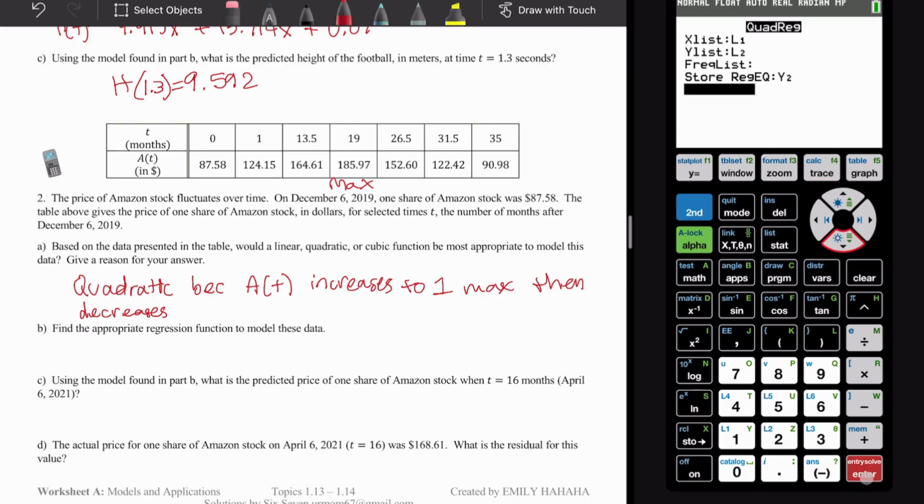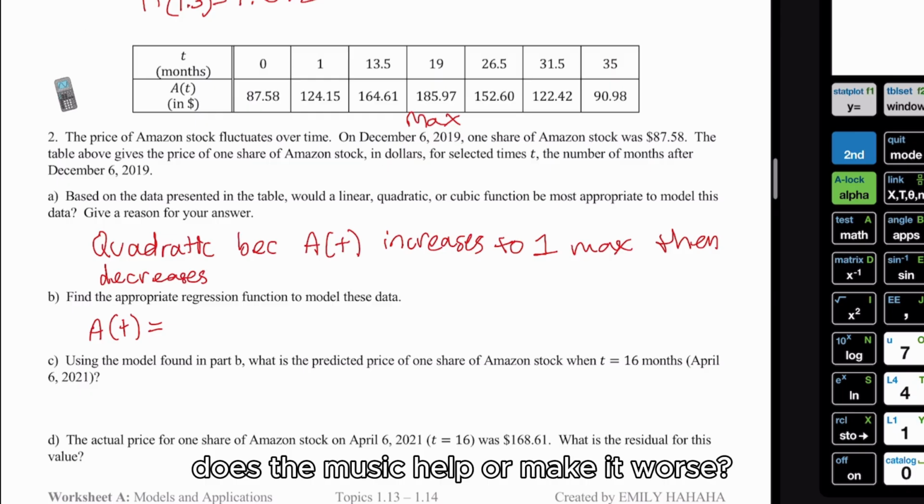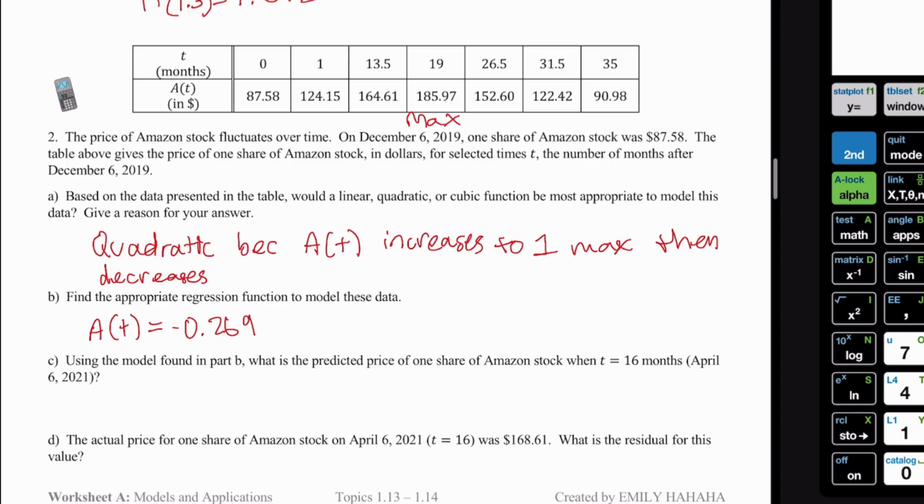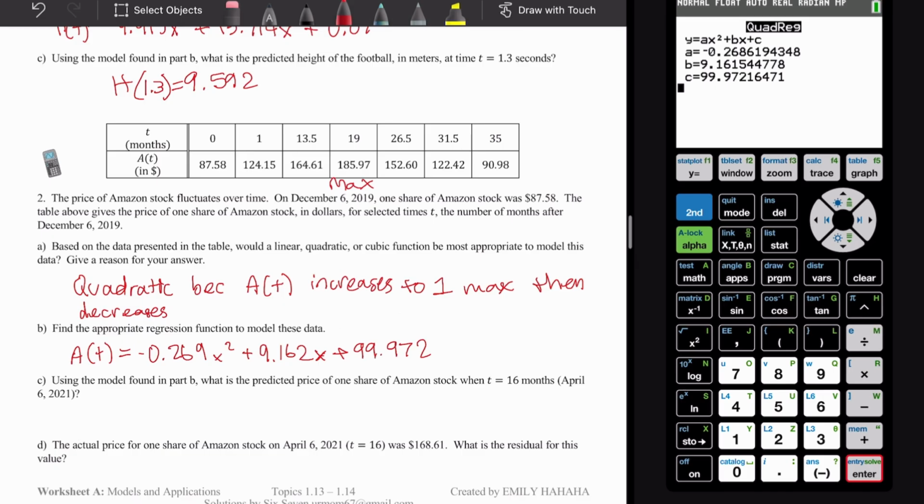Now calculate, and then these are our values, so we're going to write that. This is a of t. Alright, so that was our equation there.